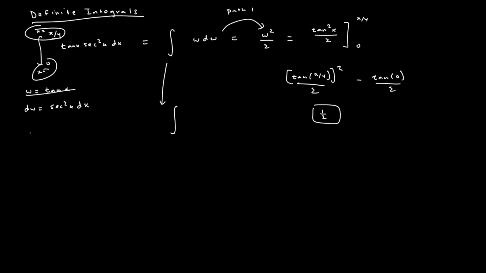So tangent of 0 is 0. So our lower limit in our new variable, when everything's in terms of w, is 0, and tangent of pi over 4 is 1, so our upper limit is 1.